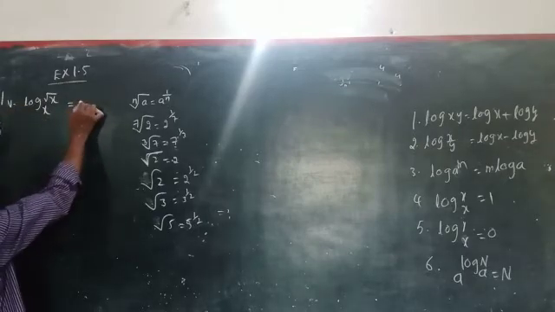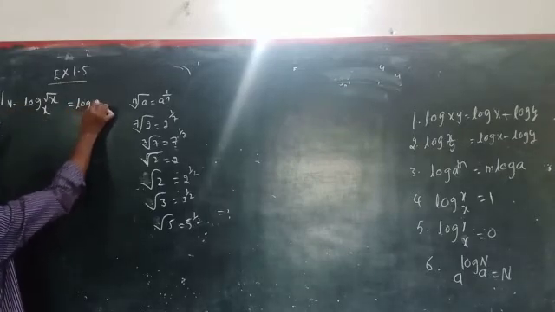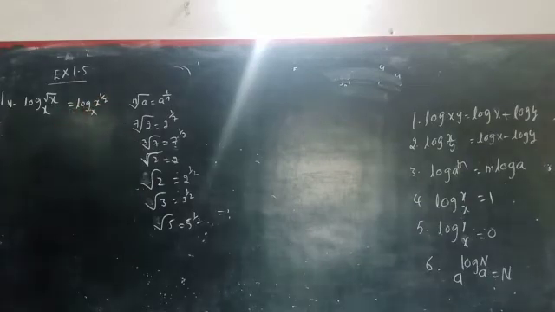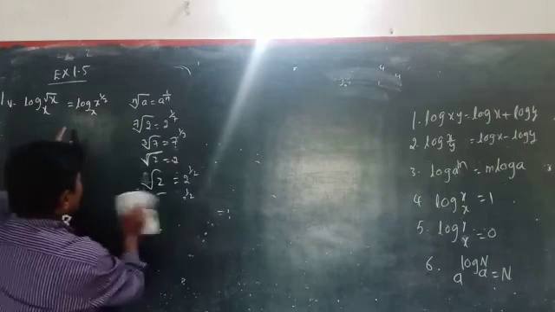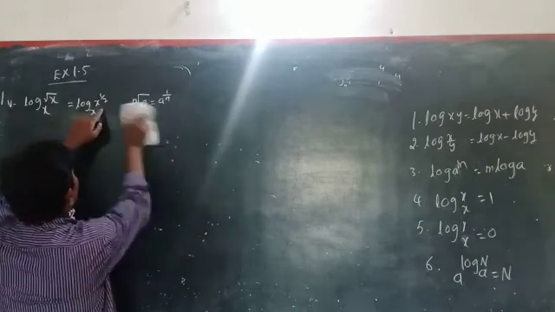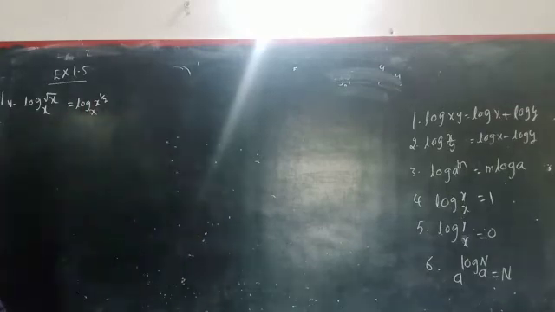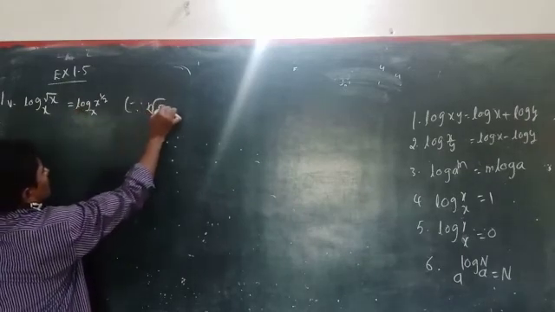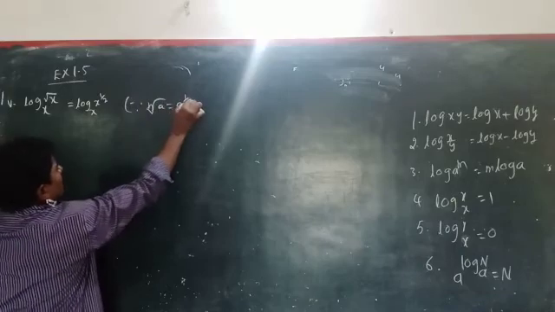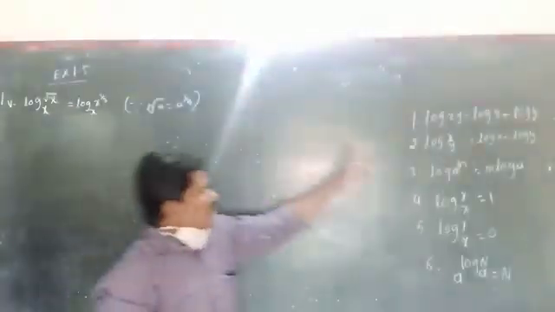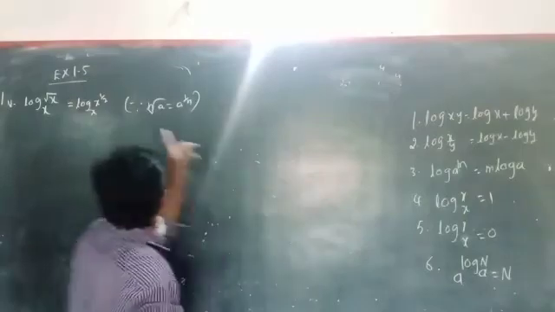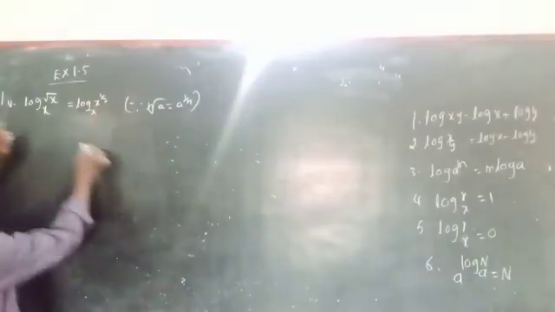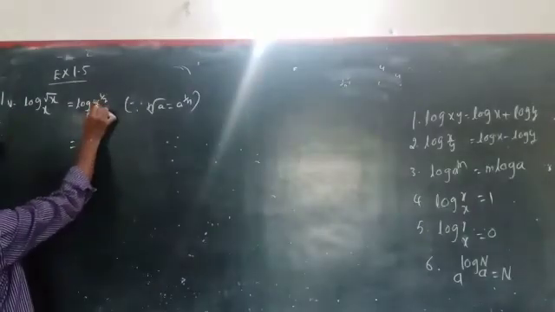Now this we can also write as log x to the power of 1 by 2 base x. It is in the form of log a to the power of m, where m is 1 by 2 and a is x.